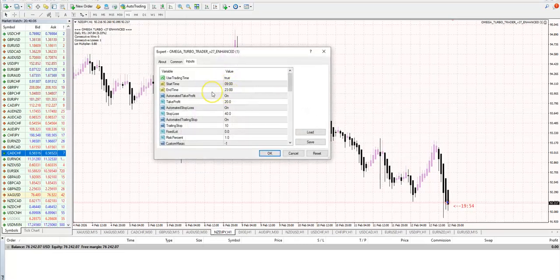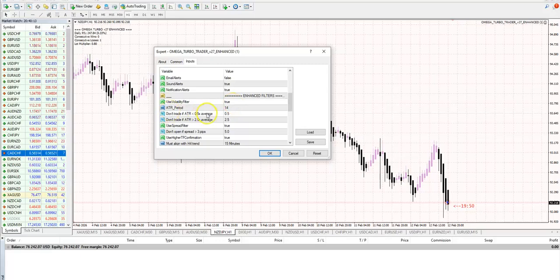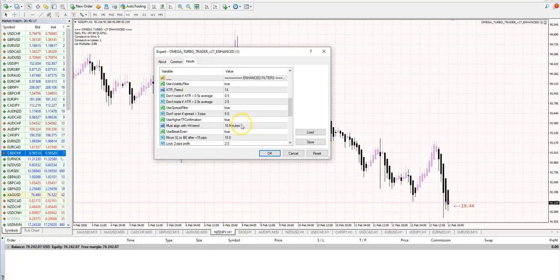You see, this is the same, but with enhanced filters: volatility, ATR, spread filter, higher time frame confirmation, 15 minutes. You are now on 1 hour, so you will like to put 4 hours here.